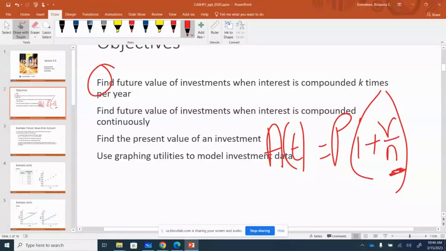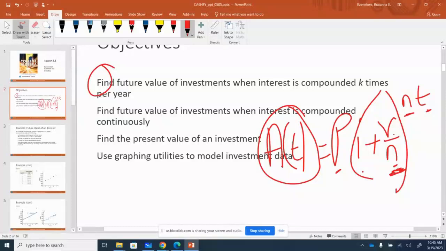Daily, n is 365. Whenever you hear compounded daily, it is almost exponential. But compounded continuously means every second, per second per second. We're coming to that. So this formula is for compounded annually, daily, weekly, monthly. Multiply by number of compoundings times time. Amount, future value is equal to the principal times 1 plus the rate, the APR, divided by the number of compoundings in a year.